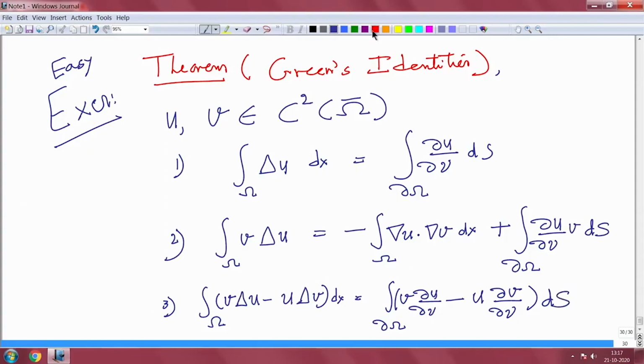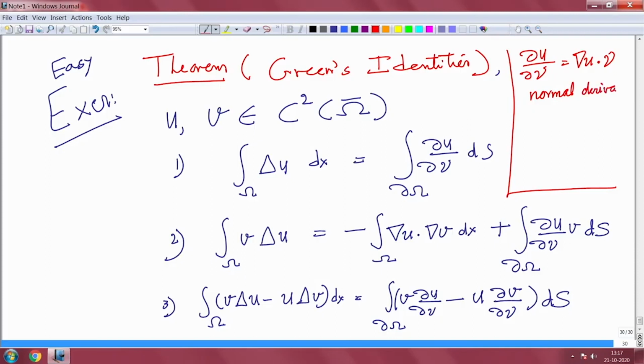So let me complete by giving the definition. What is du by d nu? This is called the normal derivative: grad u dot nu. Grad u is a vector. It is not the normal; you are taking the derivative along the normal direction. Since you know the derivative from the previous class, you can define that.